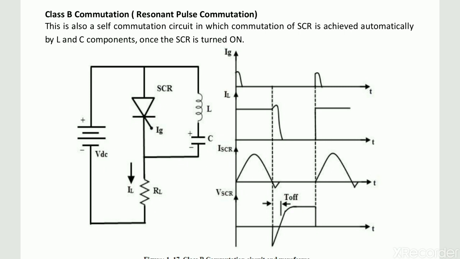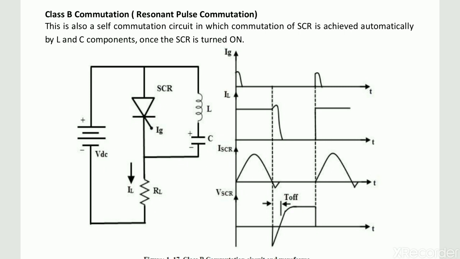So that is how to commutate the SCR using L and C components. In this case, when the commutating current, that is IC, is higher than the load current, the SCR will automatically turn off and the capacitor charges with the original polarity, which is the polarity earlier across the capacitor.